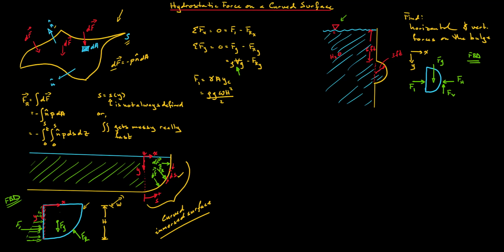So recall that this F1 will be equal to the specific weight of the fluid, which is water, multiplied by the area, multiplied by the location of the centroid. So this is a plane surface.